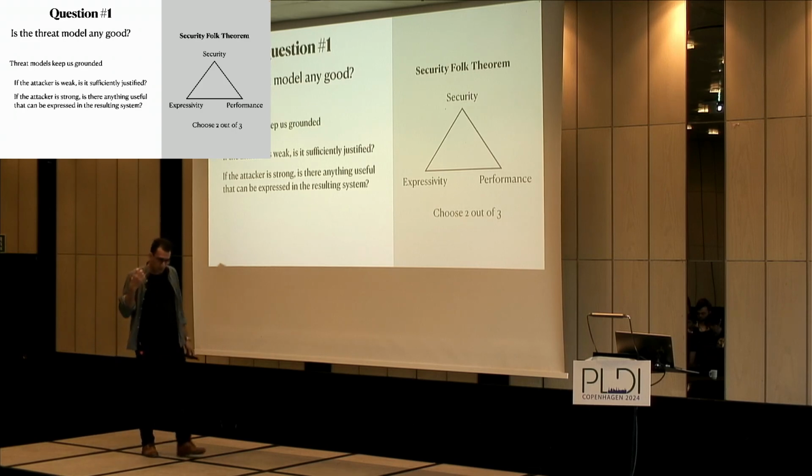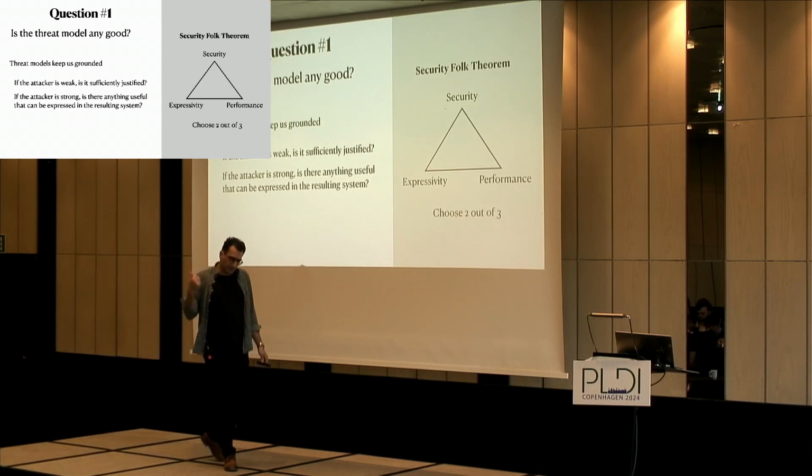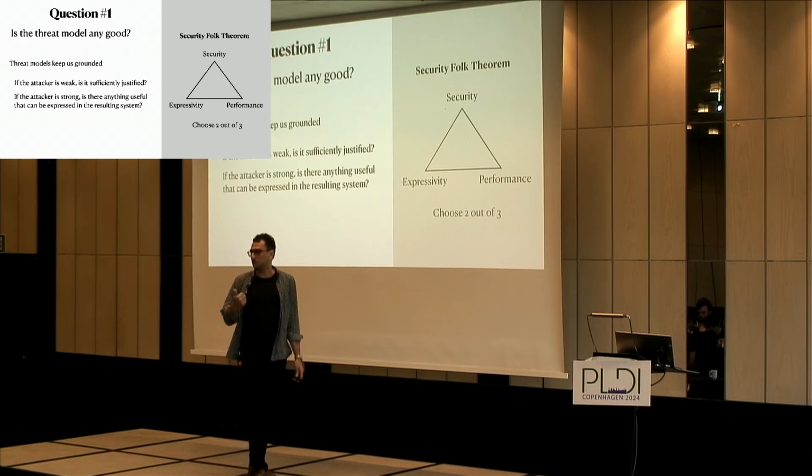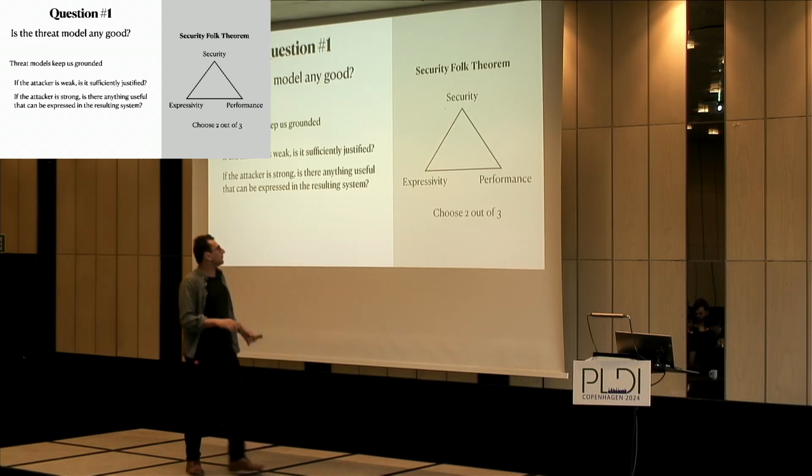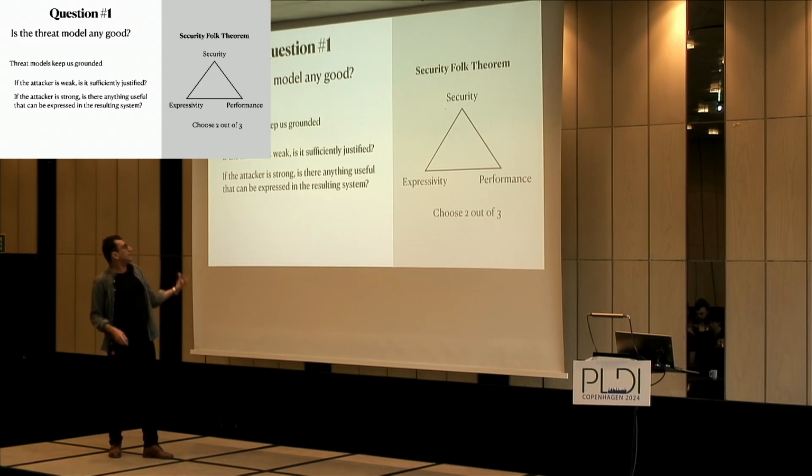And the nice thing about asking this question is it's the threat model that keeps us grounded, right? They come in all forms, but I think it's important. It's okay if the threat model is relatively weak, right?